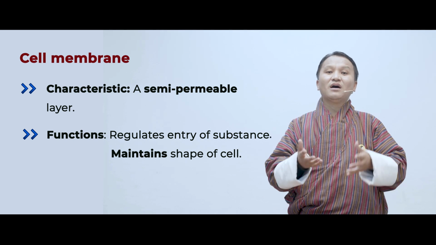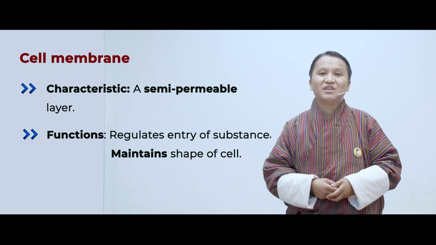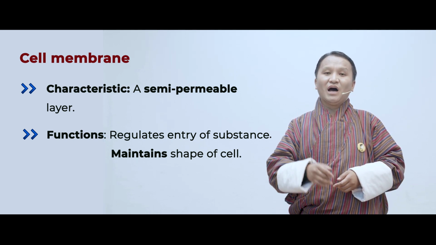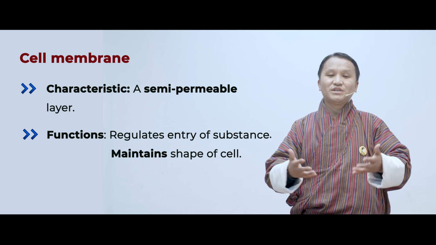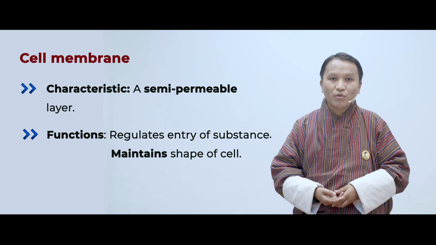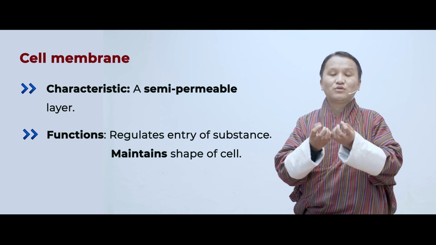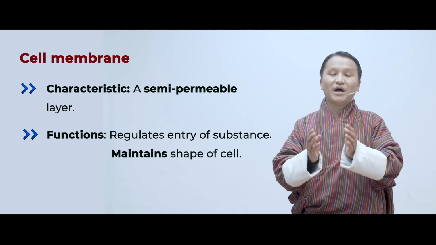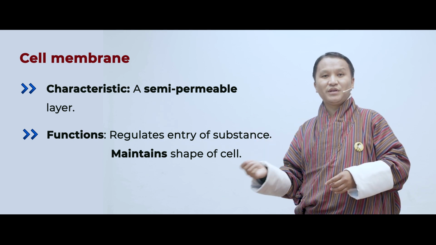Cell membrane is a living matter which is semi-permeable in nature. Semi-permeable refers to not allowing all the substances to get in or get out, because the cell cannot take in all the substances or let all the substances go out, and that control is done by the cell membrane because it is semi-permeable in nature.